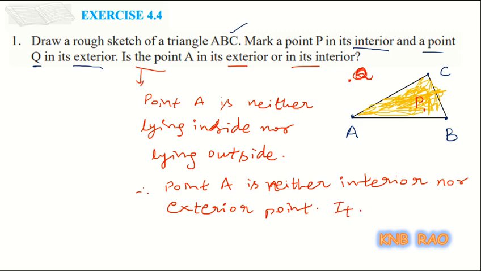It is on the triangle. It is on the boundary of the triangle. This is how I will write the answer. This is my reason in general, and this is how I will give the answer.